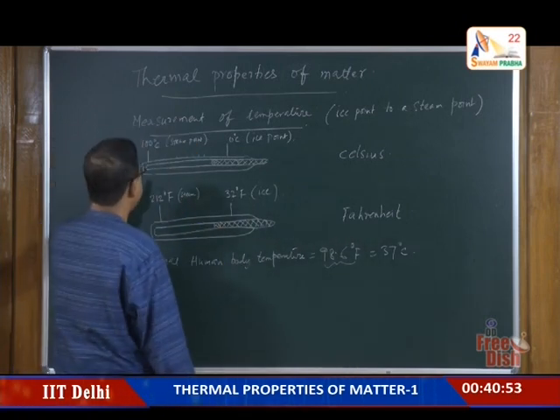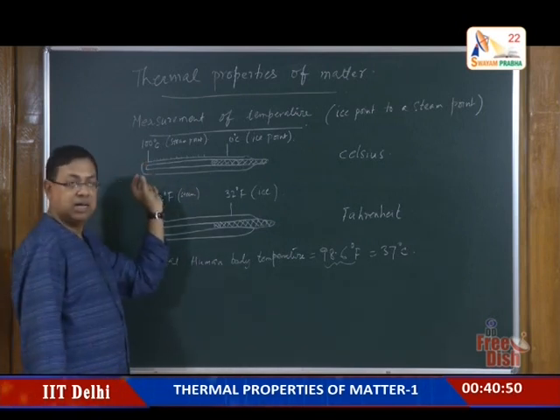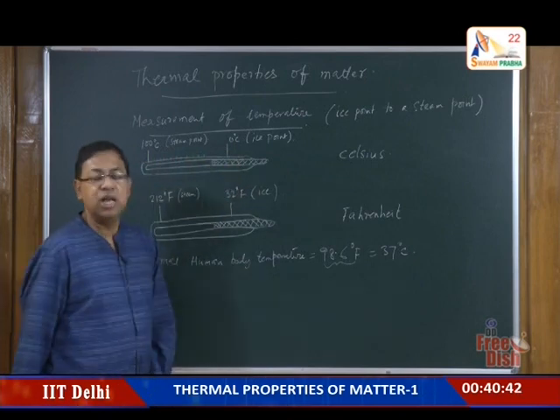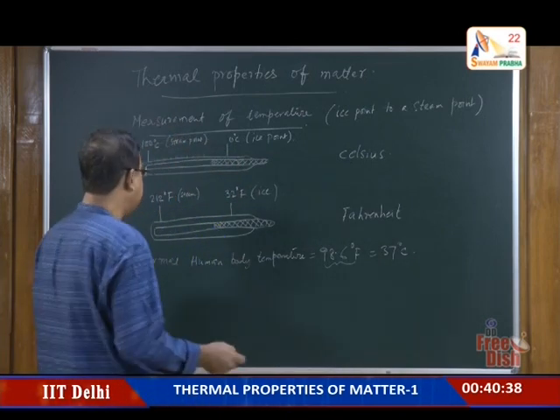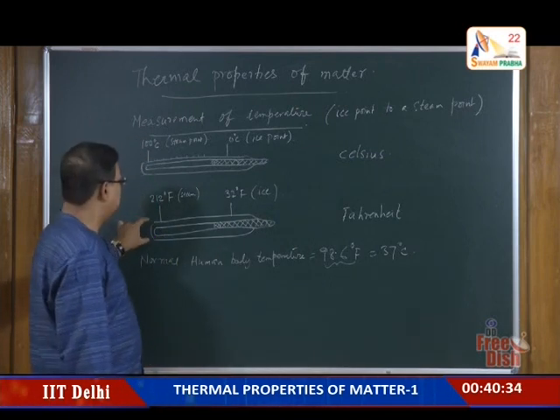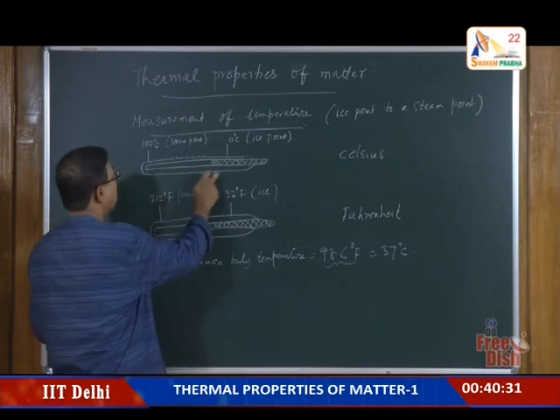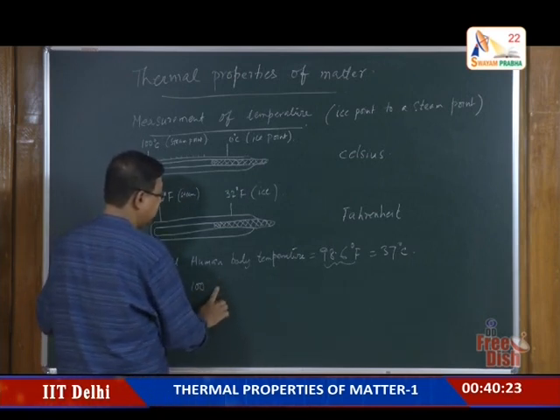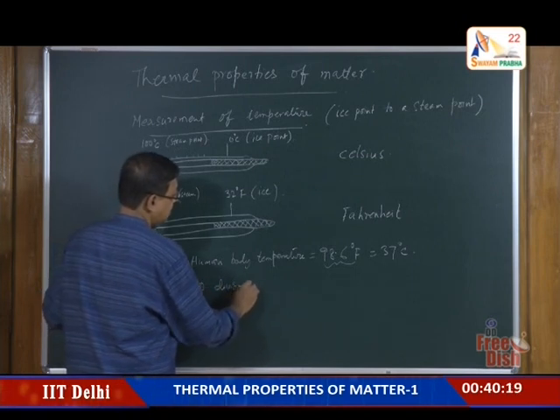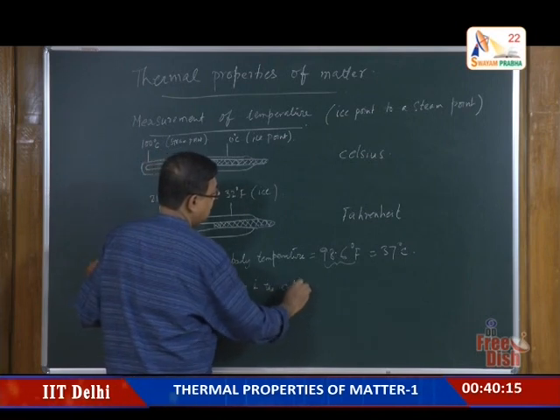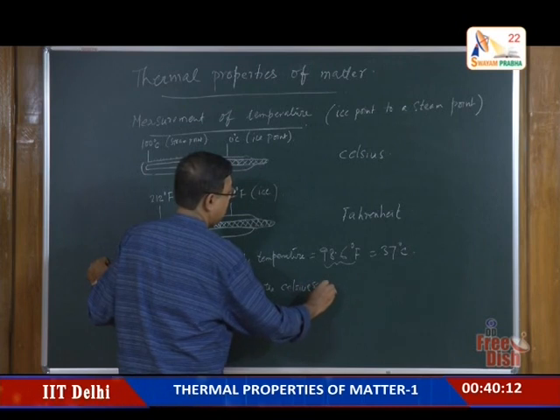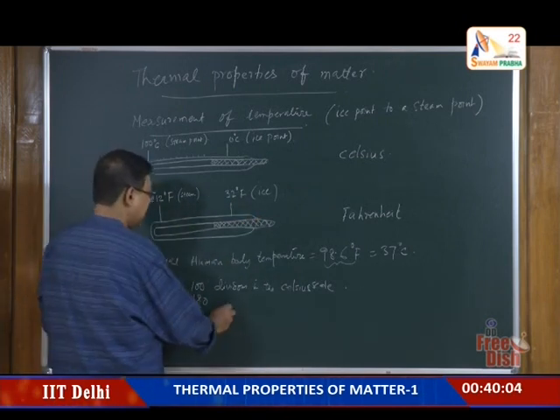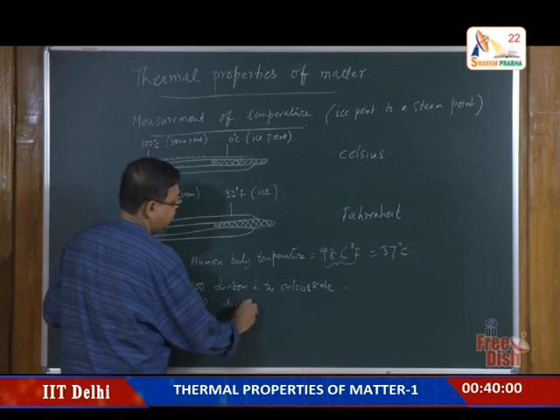Now it's worth mentioning that one division in the Celsius scale, I am saying centigrade, it's actually Celsius, 1 degree in the Celsius scale is greater than 1 degree in the Fahrenheit scale, because there are 100 divisions in the Celsius scale as opposed to 180 divisions, which means 212 minus 32, 180 divisions in the Fahrenheit scale.